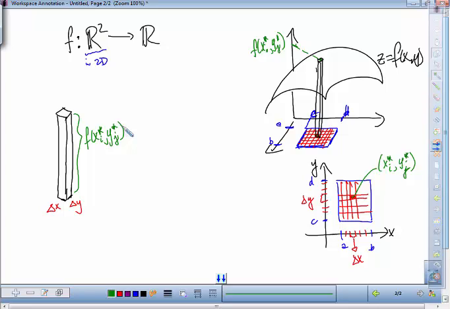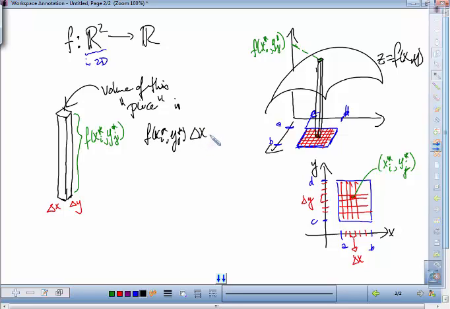And so the volume of this piece is f of x_i star, y_j star times delta x times delta y.